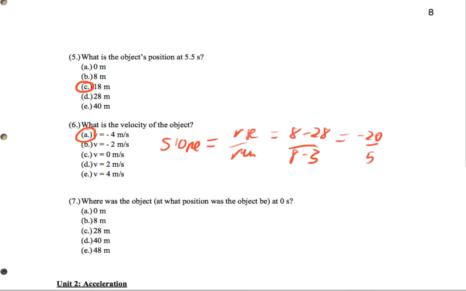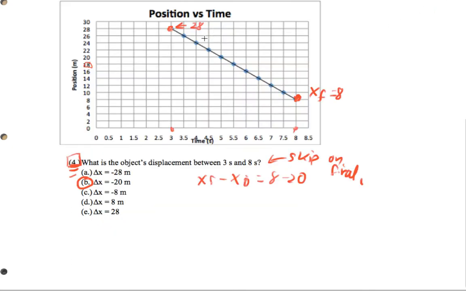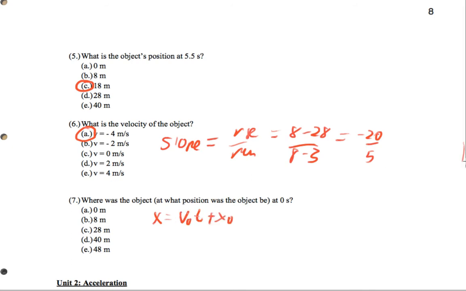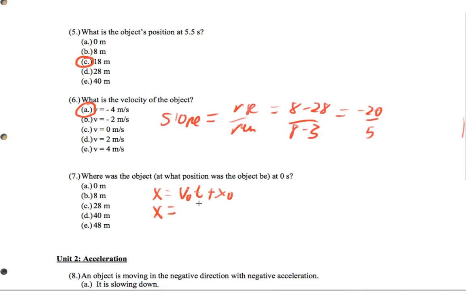Where was the object at 0 seconds? That's a really good question, so let's see if we can figure this out. So we know that x is going to be v naught t plus x naught to get the equation of motion, and we know that x is going to be negative 4t plus x naught.